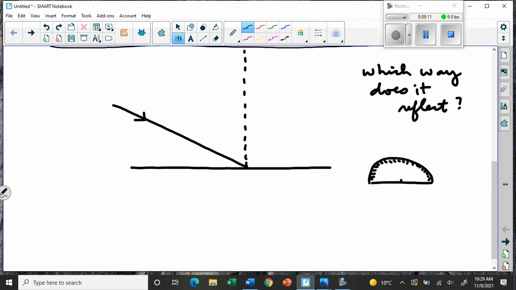So you can rest the protractor so that the bottom of it is on the line, the surface, and then you can go up here to 90 degrees and make a little tick mark, and then you can draw a line straight up, right? Make a little tick there, and make a little tick there, 90 degrees, and you can join the two ticks and draw your line. So that's how you can get this normal line on a piece of paper if you have to draw it.